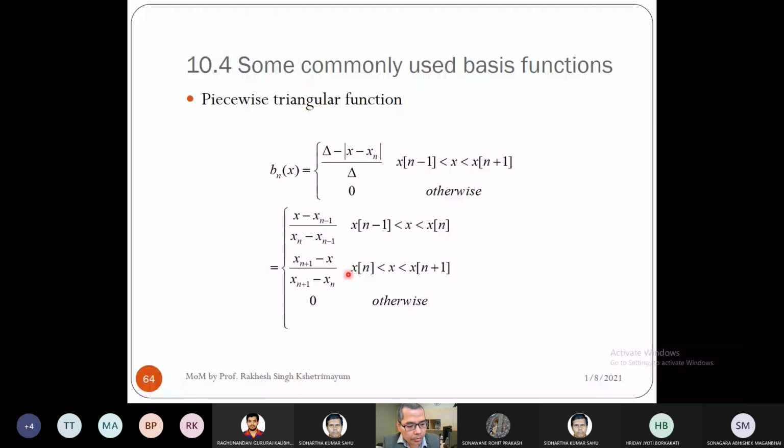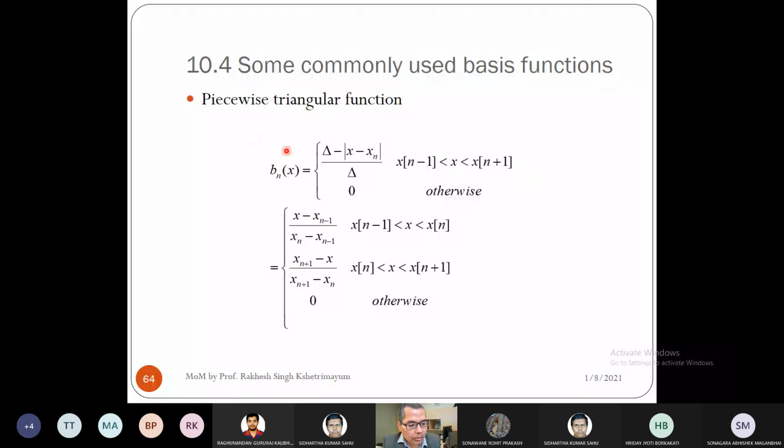That would be xn plus 1 minus x, minus x because you have a negative slope, divided by delta. 0 otherwise. Outside these two intervals, it becomes 0. If you want to use the modulus and write this in a more compact form, the triangular basis function will be delta minus the modulus of x minus xn, divided by delta, over the interval xn minus 1 to xn plus 1. So this is the equation for the piecewise triangular function.